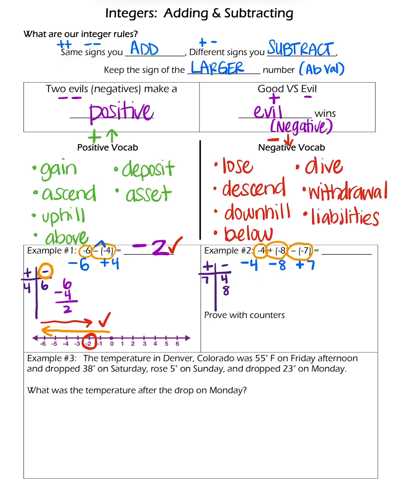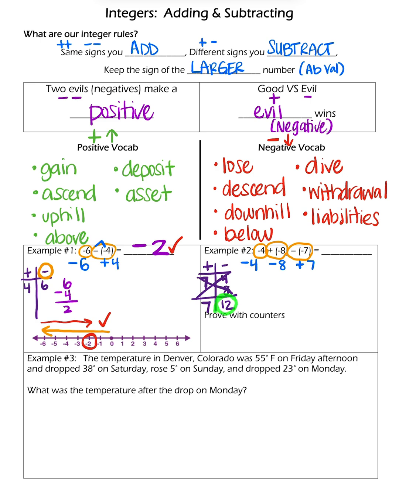So I'm going to combine all the players here on team negative, and that's going to equal 12. I'm going to go ahead and bring down my team positive of just 7, and then I'm going to go ahead and mark out this top piece. So now I'm only looking at my players at the bottom. I have either 7 on team positive or 12 on team negative. Which team has more players?